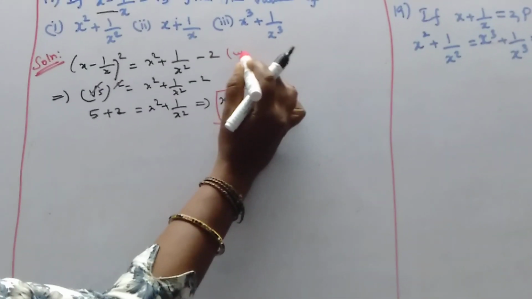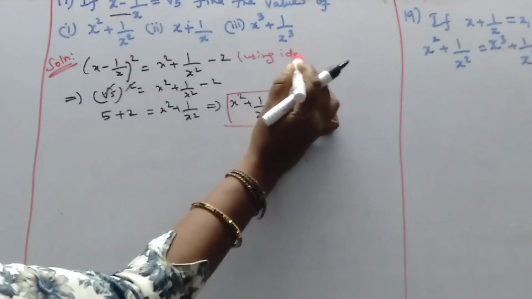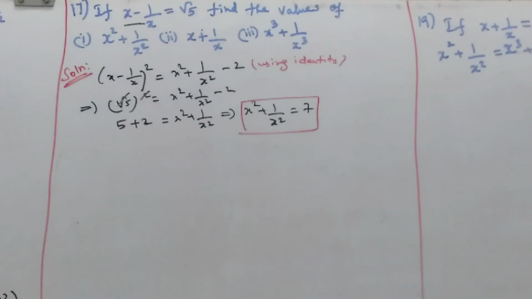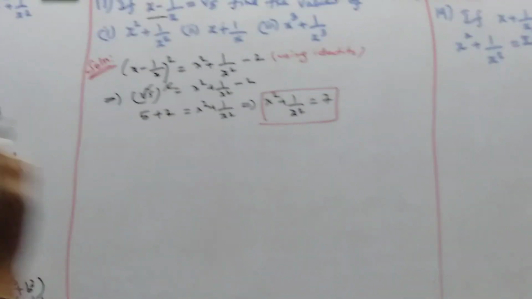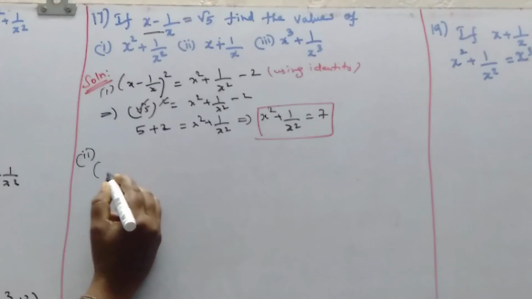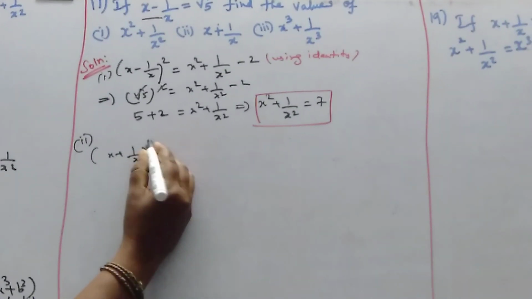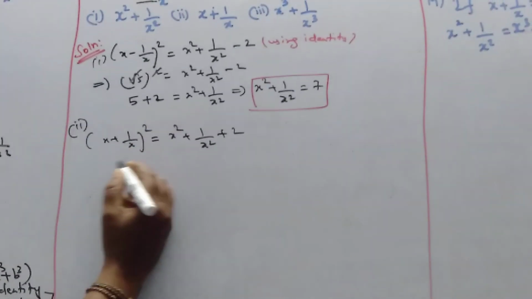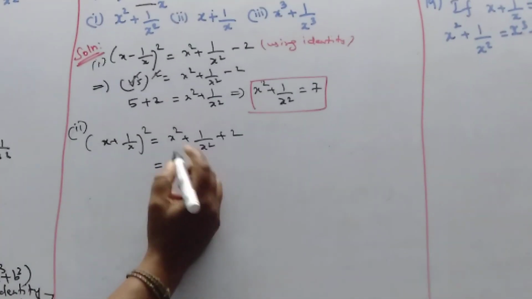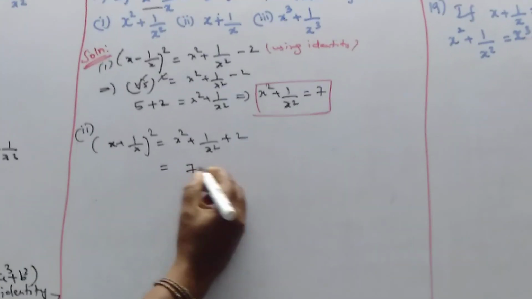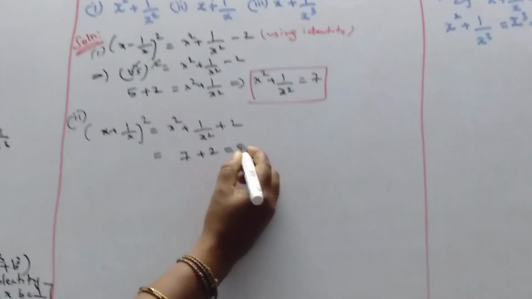Using the identity, now we are going to find x plus 1 by x. We know that (x plus 1 by x) the whole square is x square plus 1 by x square plus 2. We do not know x plus 1 by x, so using the first subdivision answer, we substitute 7 plus 2, which is 9.